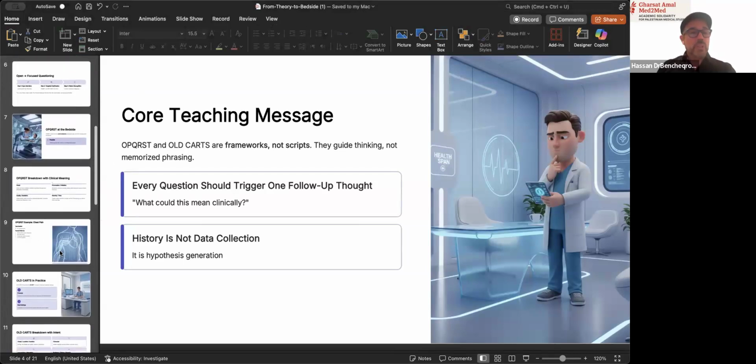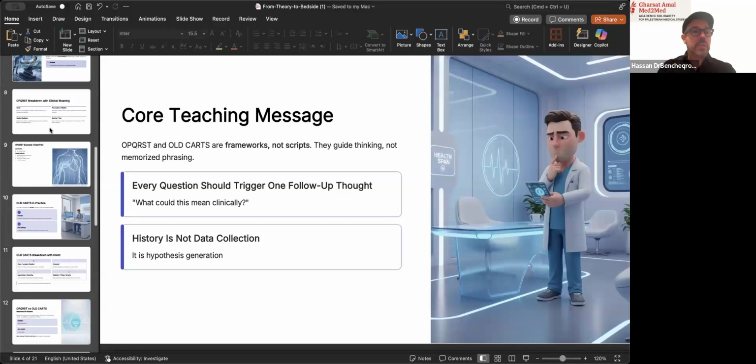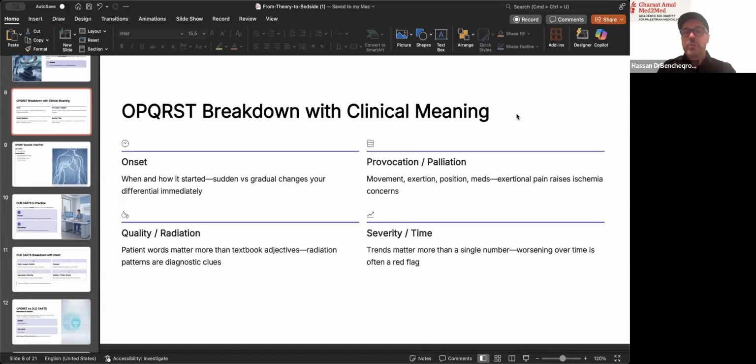When we go to the OPQRST that you were asking me, every question you asked me about the onset: 3 days ago, I woke up in the morning and I felt it right away. I don't remember trauma. I had a long day before. The thought is it's acute, it's non-traumatic. You think in muscle strain, posture-related pain, less likely fracture.